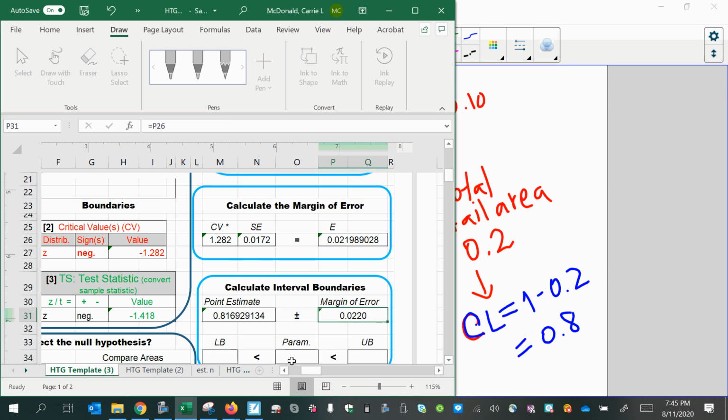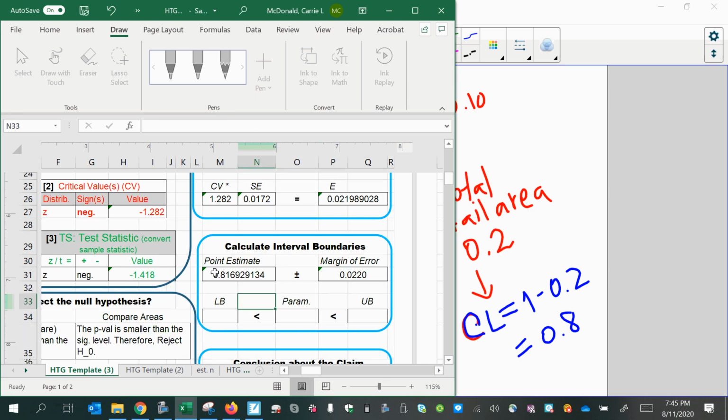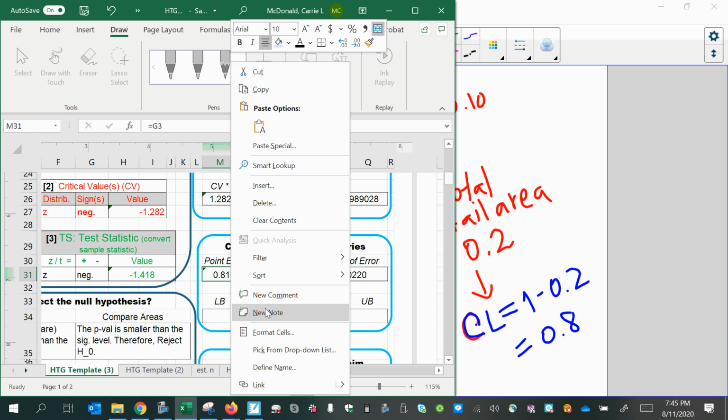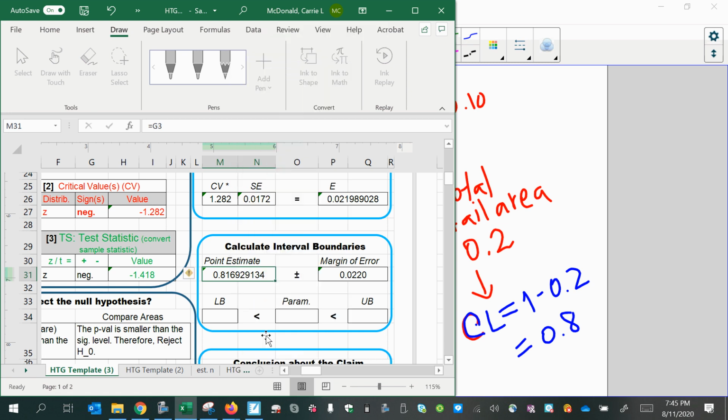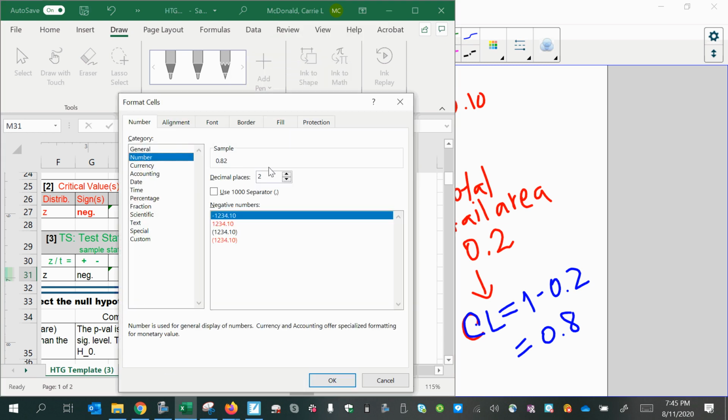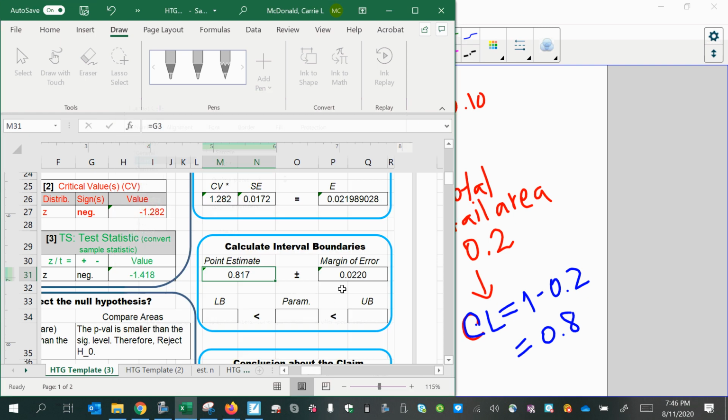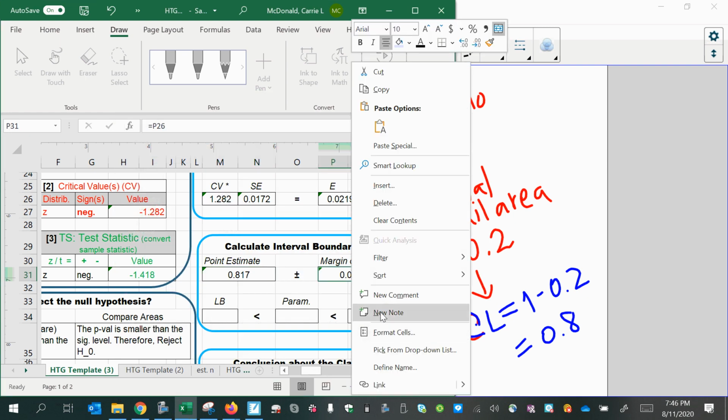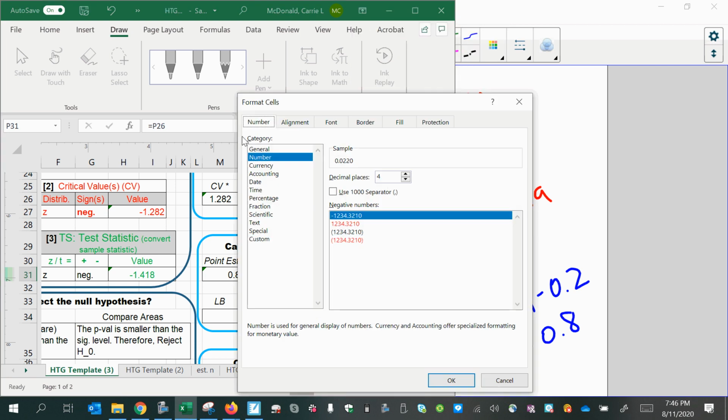Let's put some more on there. And the round off rule for proportions is 3 significant digits. So I'm going to go ahead and round this to 3 places, and also do that for this one as well.